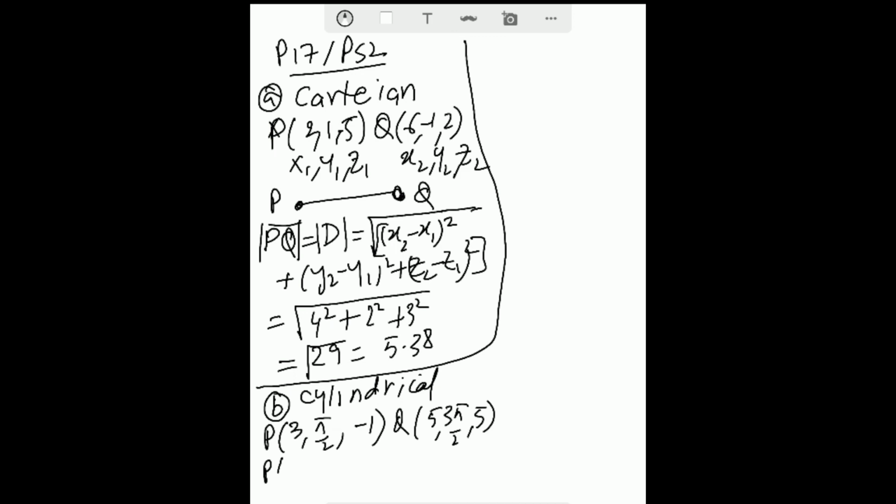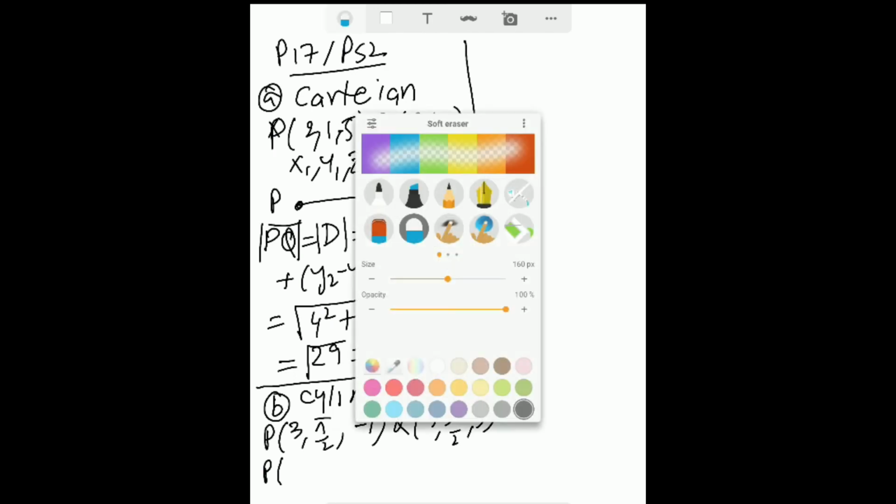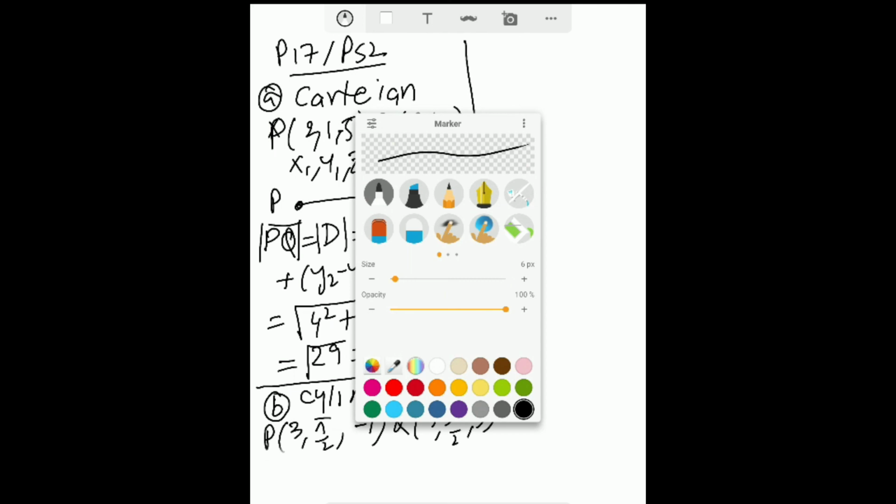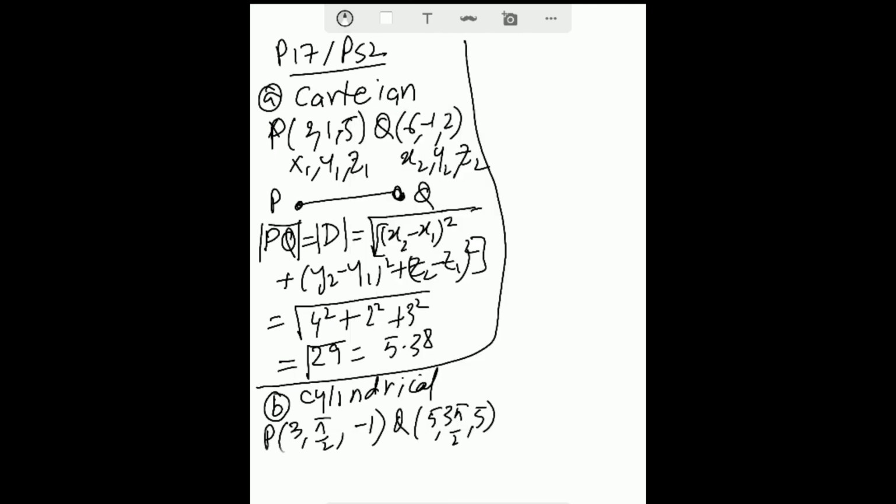So I need to convert. I call this my row 1, and this is my phi 1, and this is my z1.